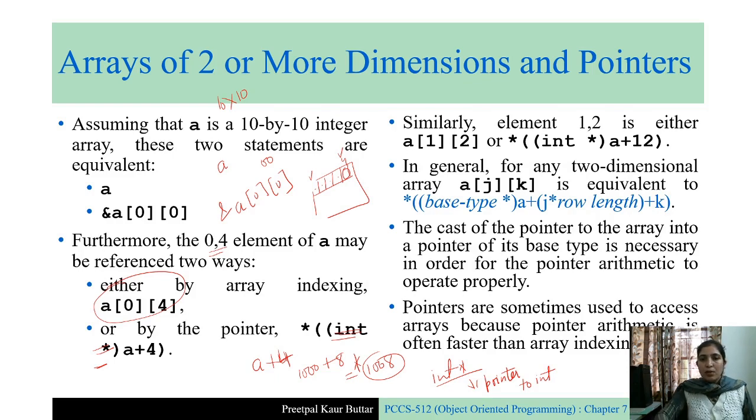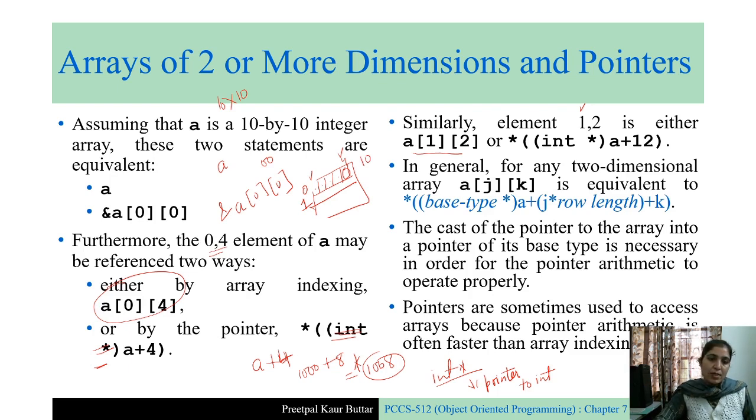Similarly, the element 1, 2 is A plus 12. Why A plus 12? Because 1, 2 means the element is in the first row. This is the 0th row, this is the first row. How many elements are in the 0th row? In the 0th row, there are 10 elements. Here you want to access the second element of the first row.